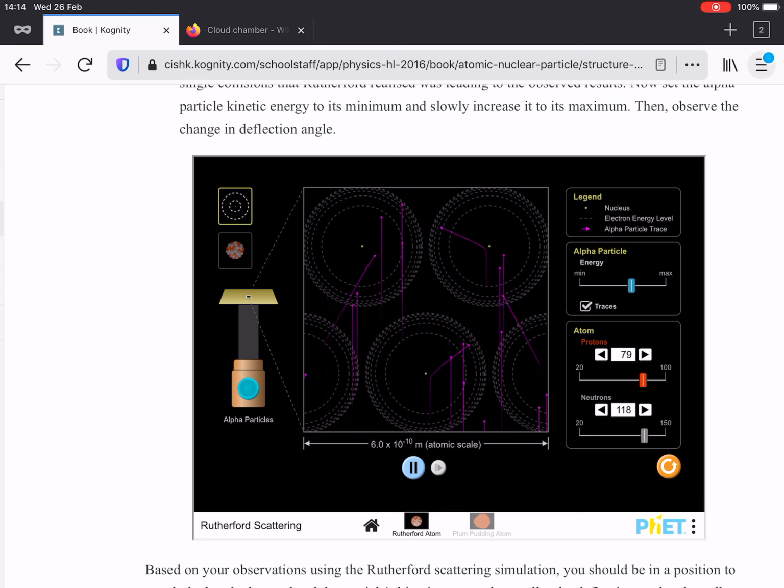And on very, very rare occasions, you may see a complete rebounding of the particles. And that's where, again, they were able to conclude that, yep, okay, this is true. The structure of the atom is that the center is very concentrated.